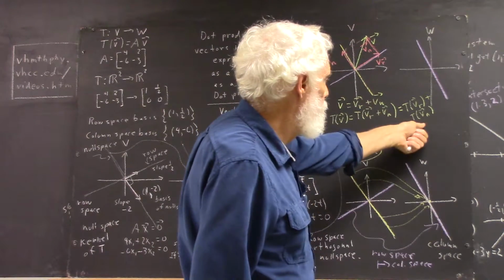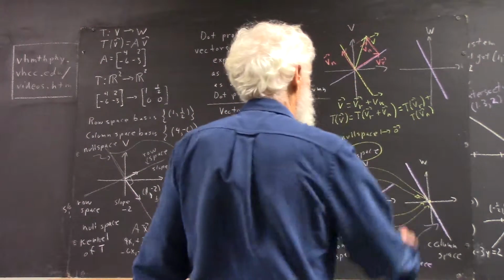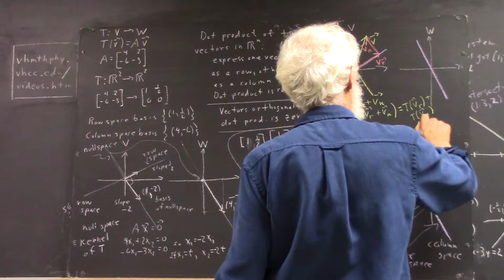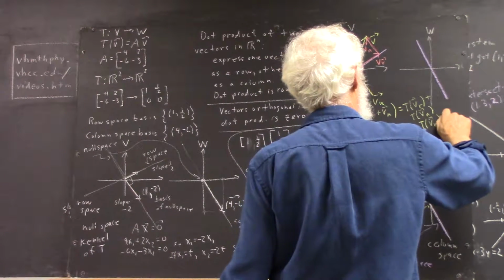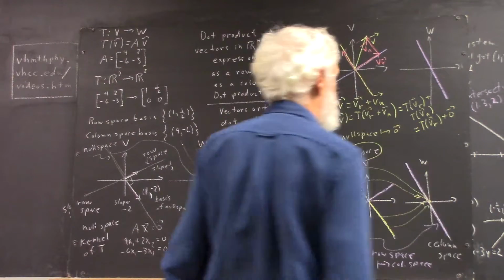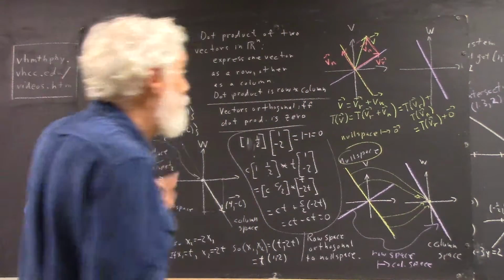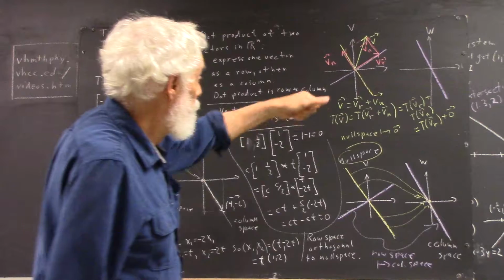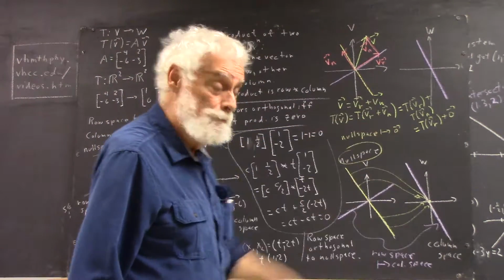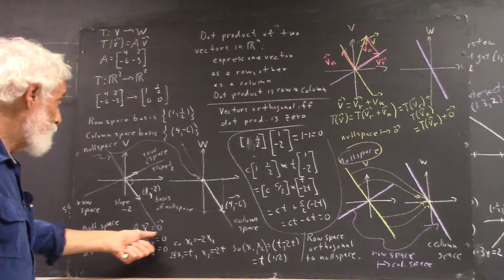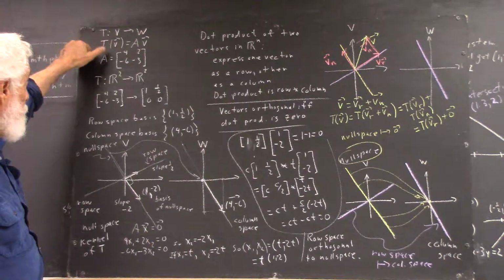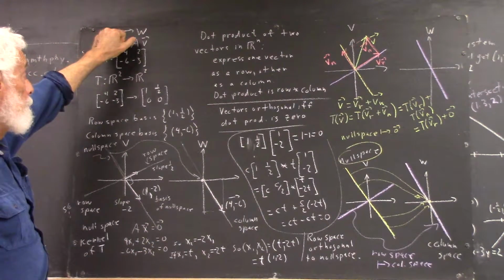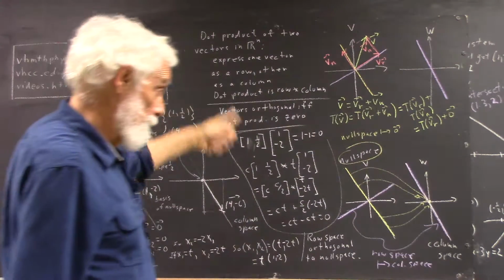But what's T of Vn? T of Vn is 0 because any vector in the null space is there because it satisfies this equation. And remember, the transformation is defined just in terms of multiplying the matrix times the vector.